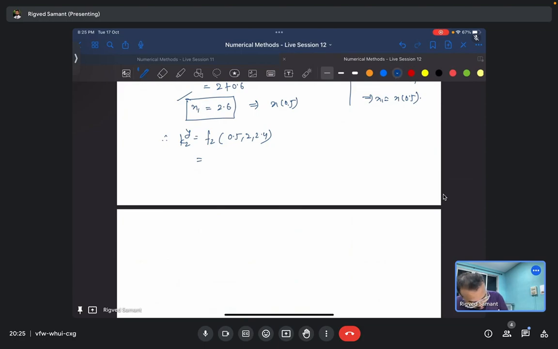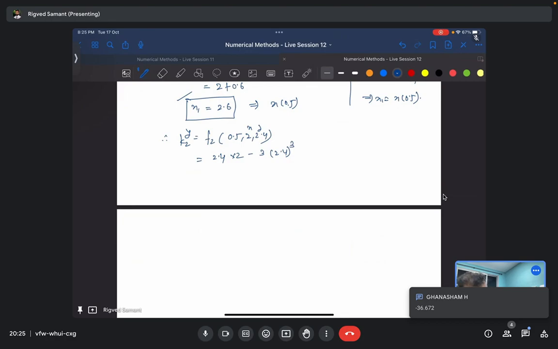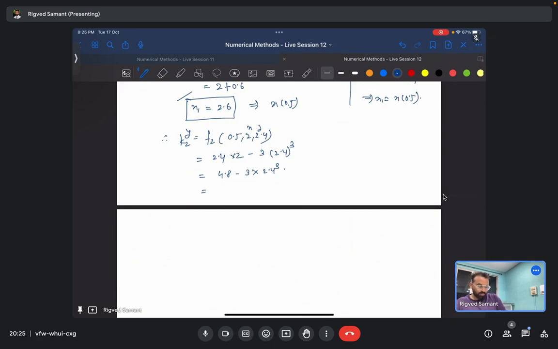So 2.4x, this is x, this is y: 2.4x minus 3 into 2.4 cube. Find this value. This is 4.8 minus 3 into, so it will be negative. What is the value?